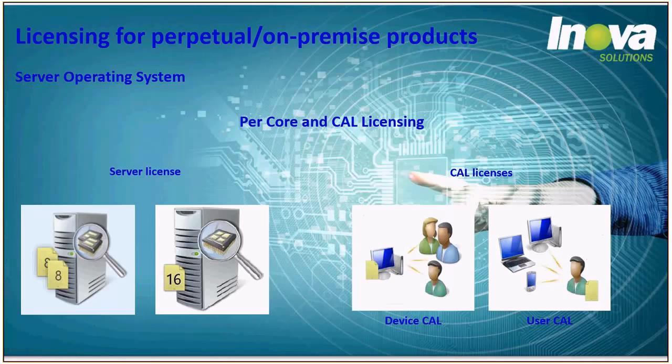So it's not a matter of having a server and that user must have a CAL for each server. No. Once that user has a CAL, they can access any number of devices, once those devices, of course, are licensed with the server license. Okay, so that is, in a nutshell, just a basic overview of the new licensing for Windows Server.